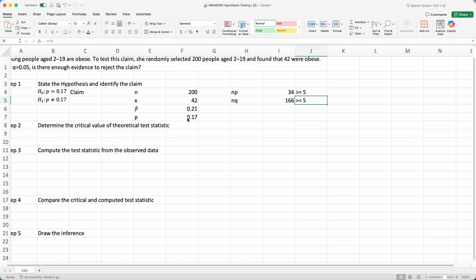So we can apply the z-test for proportion here.